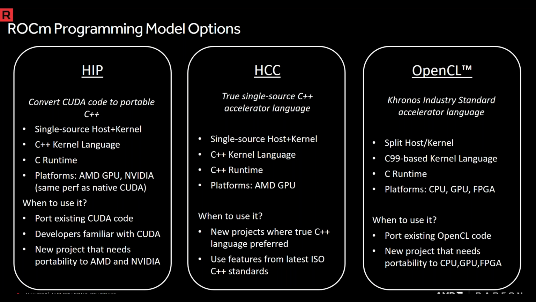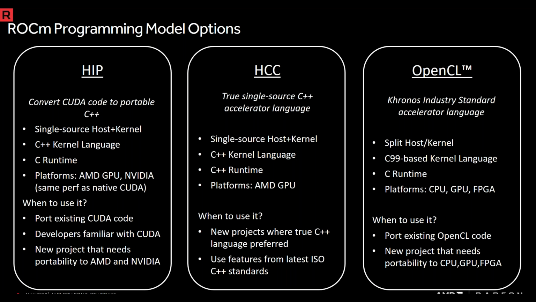CUDA has 2 sources: one is kernel source, and the other is host code. We have only a single source in C++. The advantage is that you don't need to write separate code for AMD GPUs and NVIDIA GPUs. You can maintain one source with HIP, which can run on NVIDIA and AMD GPUs.